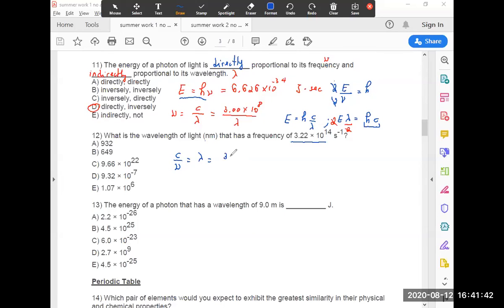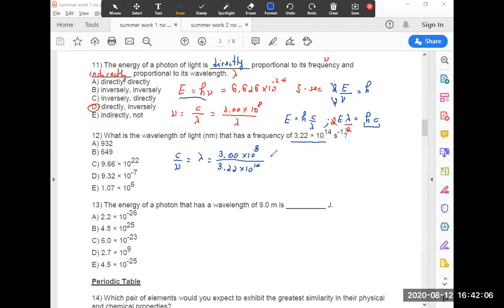So I have 3.00 times 10 to the 8, divided by the frequency, which is 3.22 times 10 to the 14.